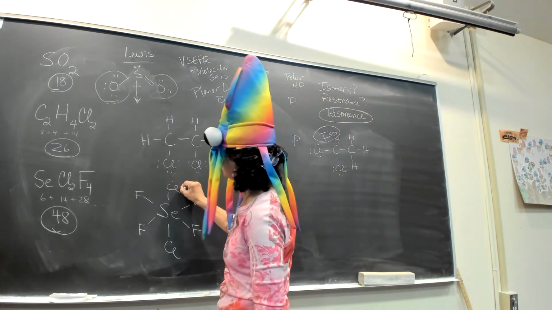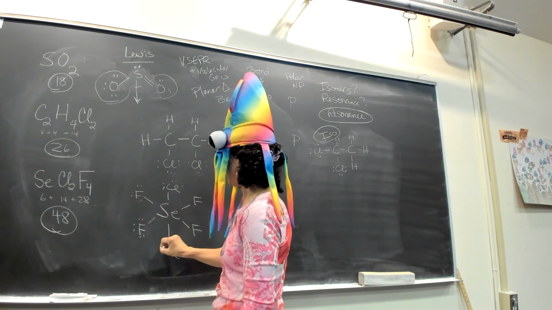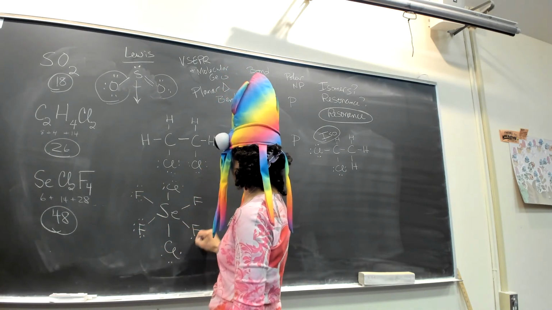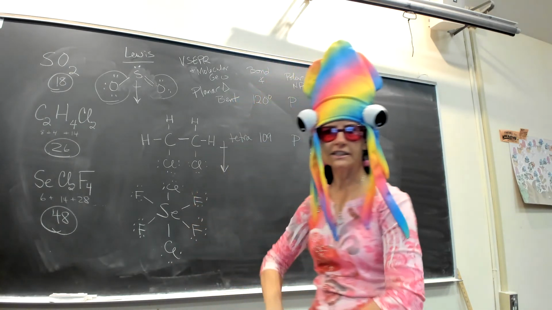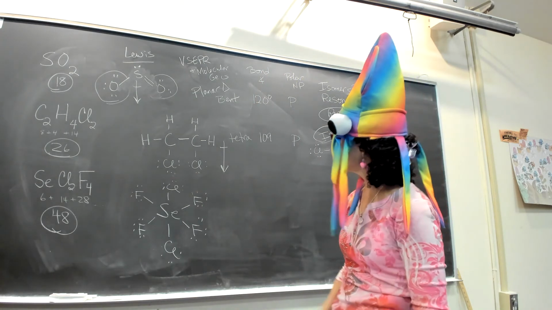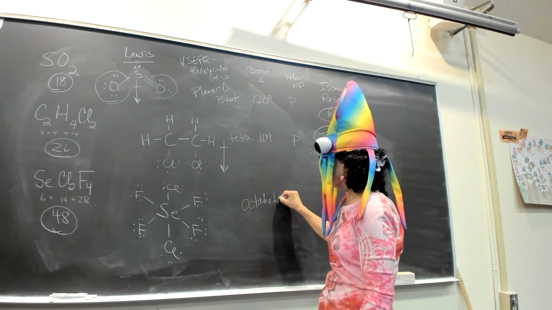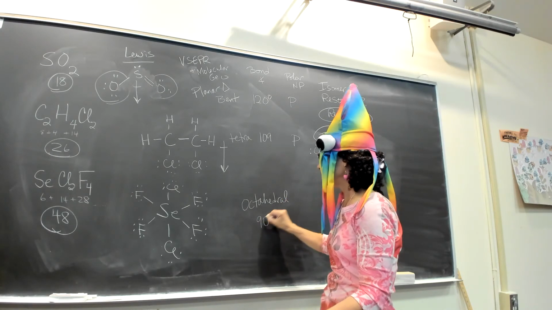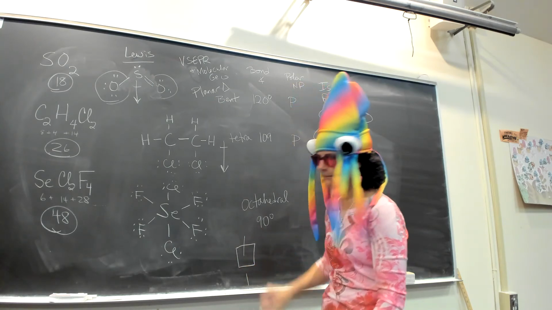All right, so you would show your dots. And we have 6 atoms around the center, and they each have 8 electrons. 6 times 8 is 48. We're good. This is an octahedral. All the angles are 90 degrees. So an octahedral, again, is we have a square, something above, and something below.